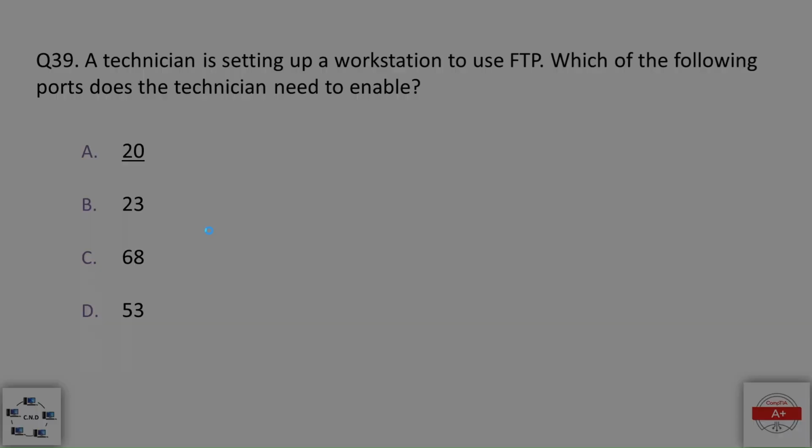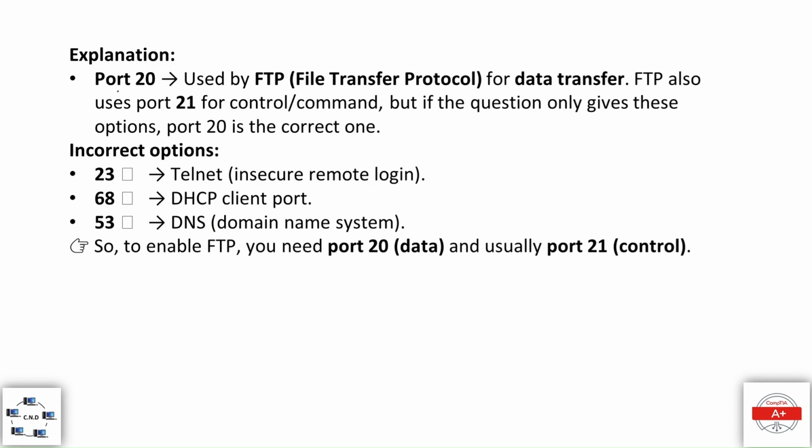So let's go through the explanation. Port 20 is used by FTP, File Transfer Protocol, for data transfer. FTP also uses port 21 for control and command, but if the question only gives these options, port 20 is the correct one. The incorrect options: port 23 is used for Telnet, which is insecure, used for insecure remote login as well as management and configuration of hosts such as network devices.